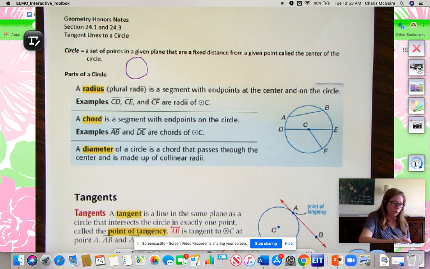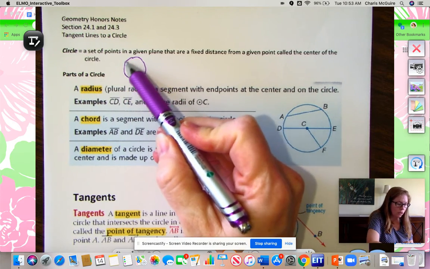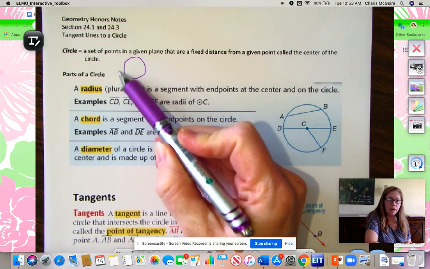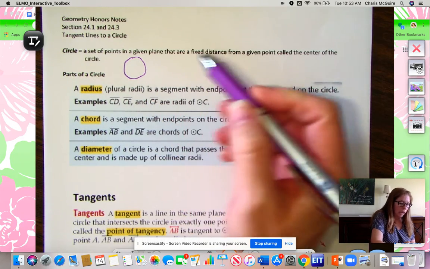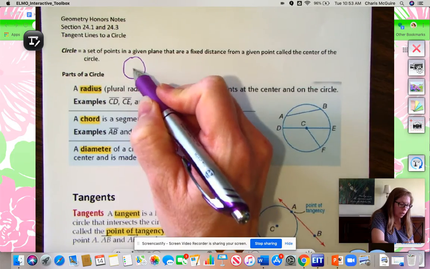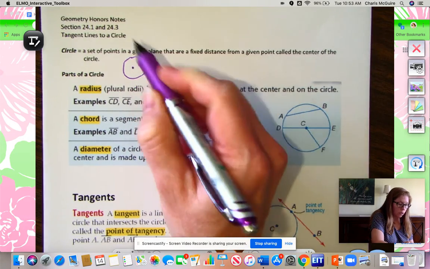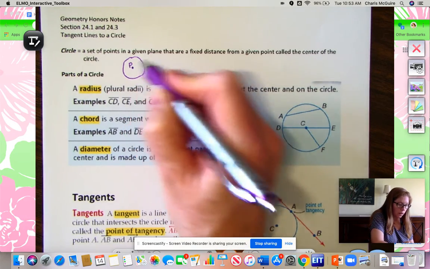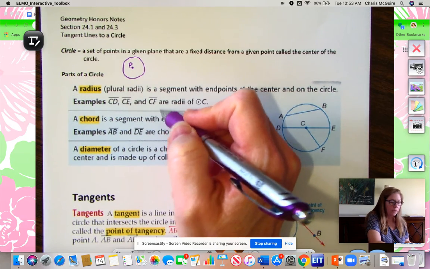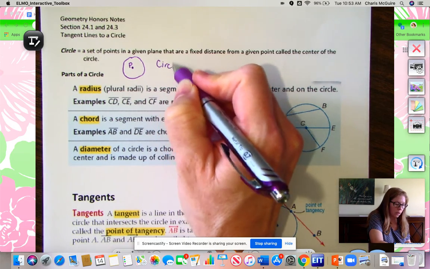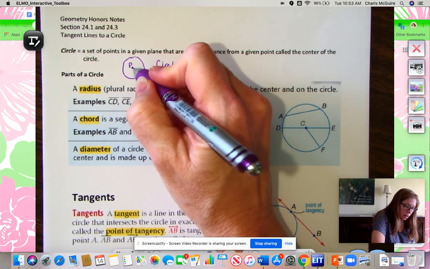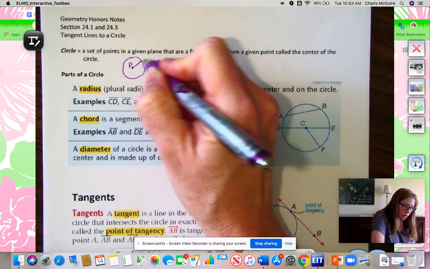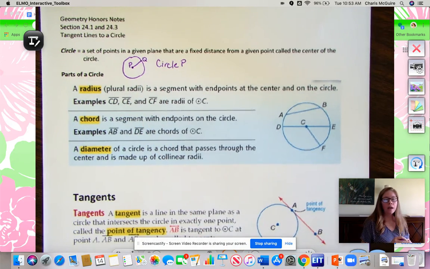So this circle that you see, the circumference, the outside of it, is made up of a set of points, all tiny, put together, and they are a fixed distance from the center. We always name our circles from the center. So if I gave this point P as my center, we would call this circle P, naming the circle from its center. And then the fixed distance, if this is PQ, that's your radius.